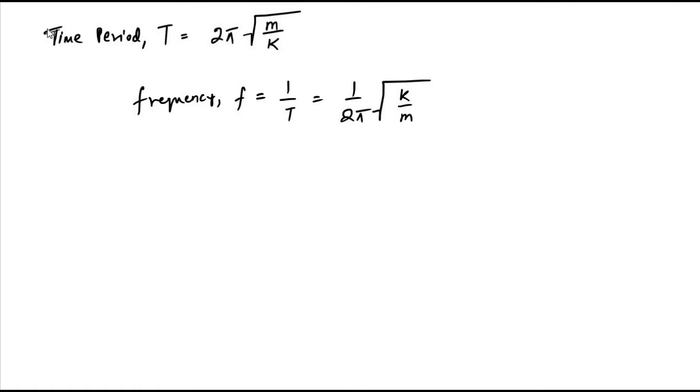Also, in some cases it can be expressed in terms of the instantaneous displacement and acceleration. In that case it can be expressed as 2 pi root over x by a, where x is the instantaneous displacement in SHM.